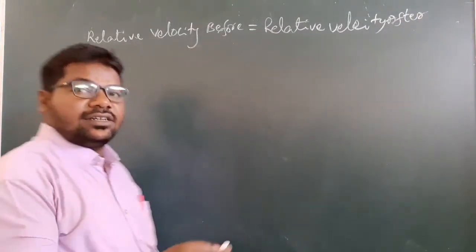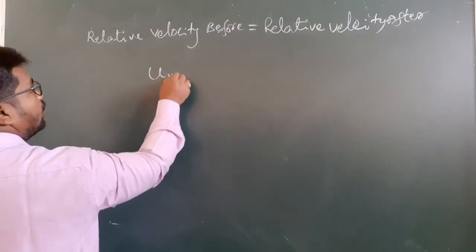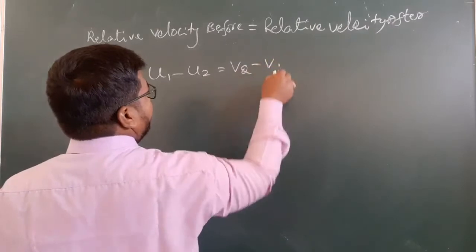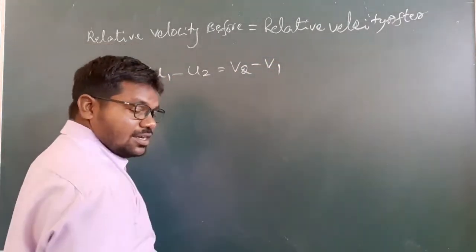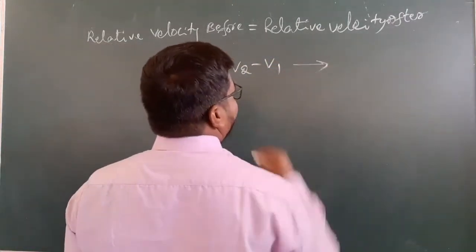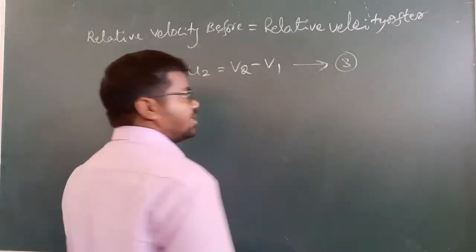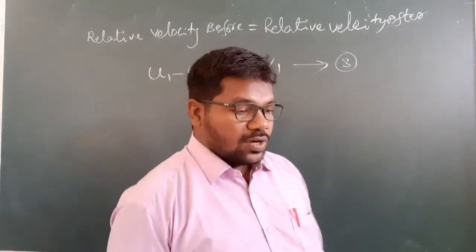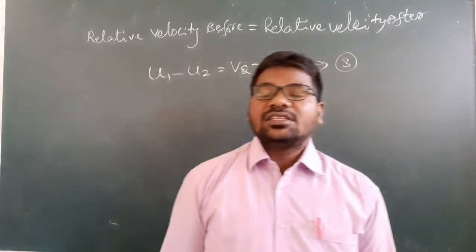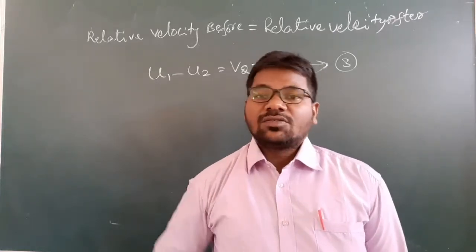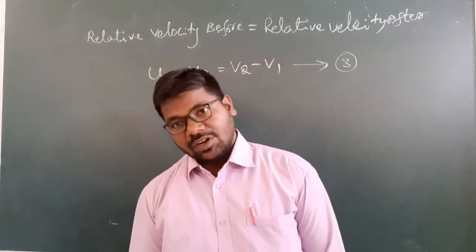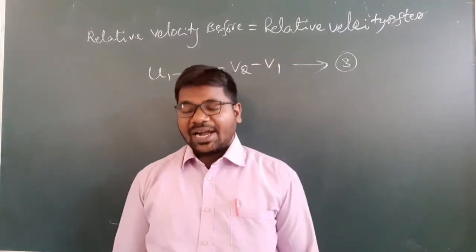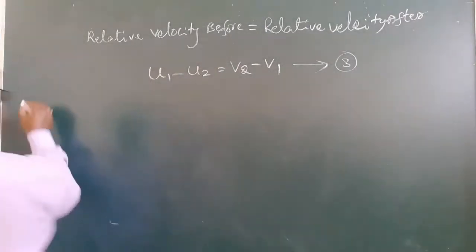So this is completed. According to the equation, u1 minus u2 is equal to v2 minus v1. Then we have to find the velocities of the bodies after the collision.